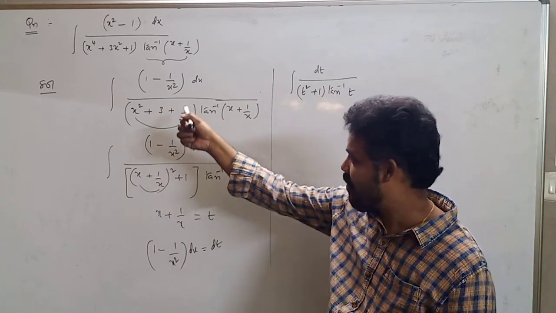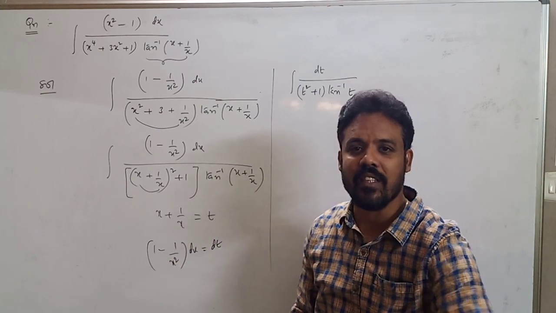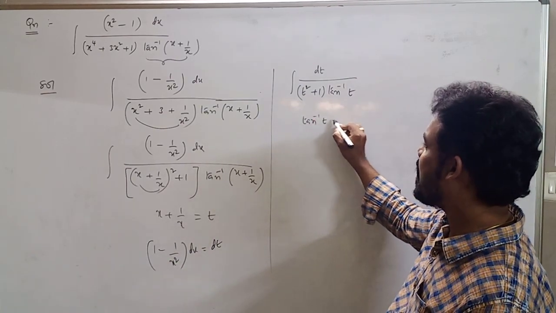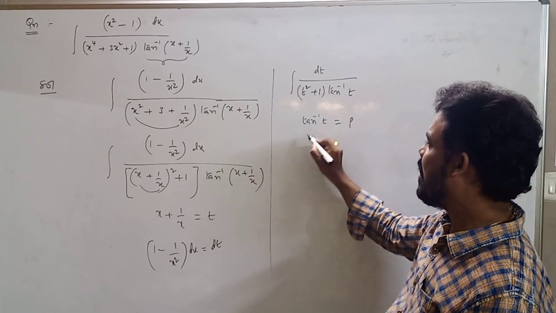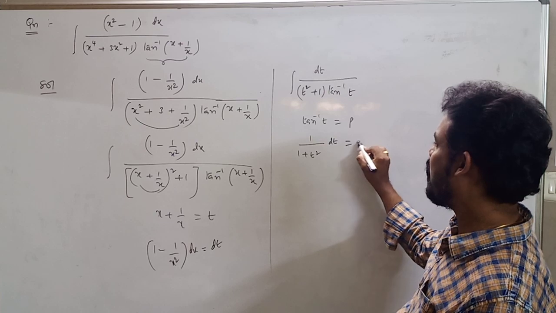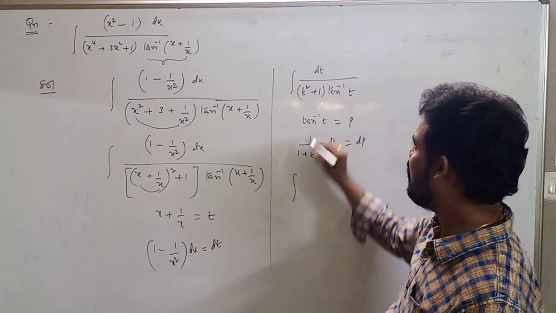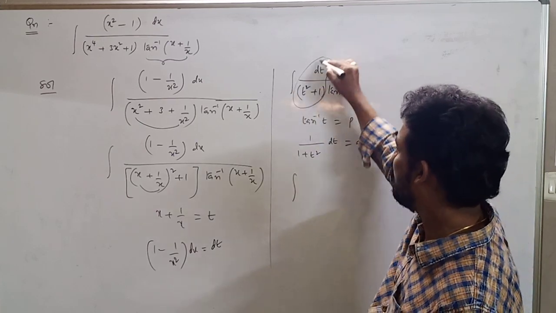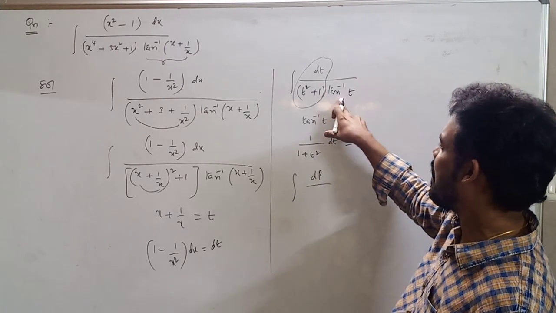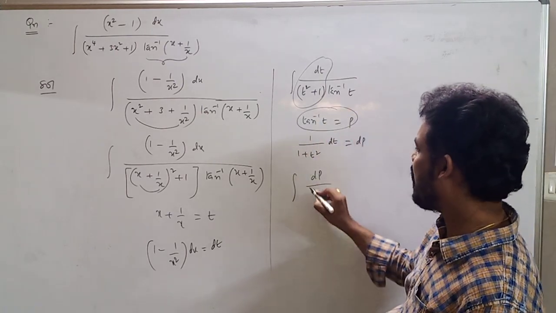Since we are using this method, again you go for a second substitution. Put tan inverse t equal to p. The derivative of tan inverse t, 1 by 1 plus t square dt, equals dp. Now this becomes dp by p.